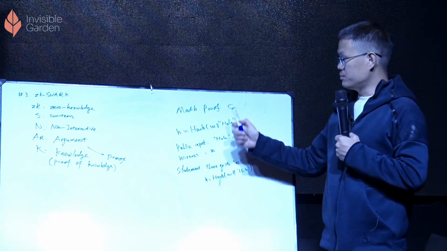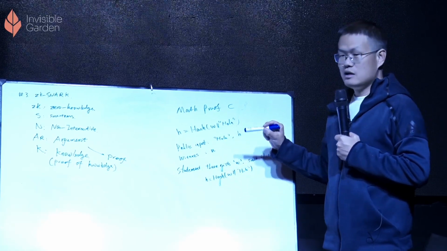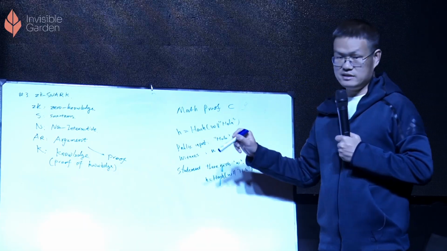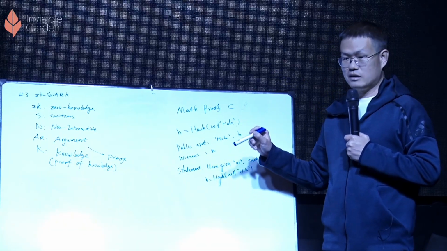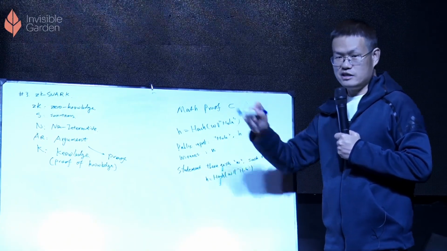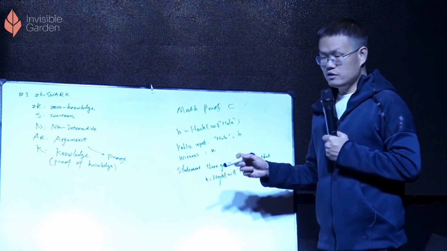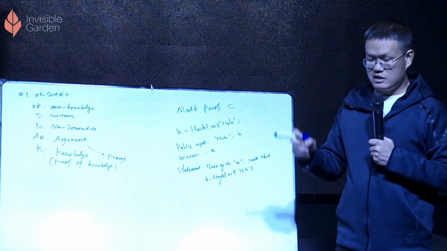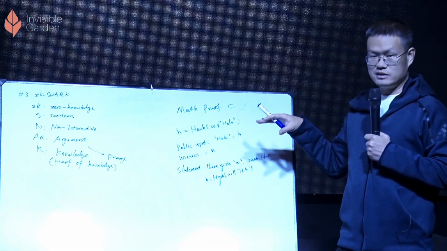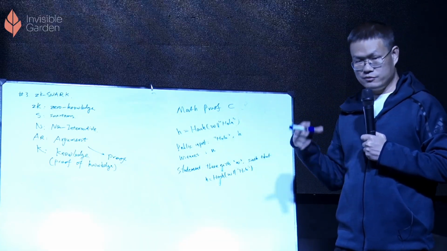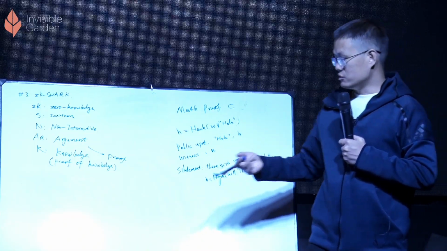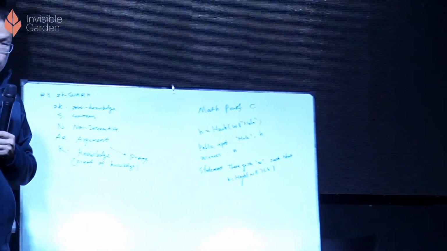It means that the prover proves he owns the witness, the private data, that the prover has knowledge instead of others. So the prover does not only prove the truth of the statement, but also proves that the prover has the knowledge. So the K means the proof of knowledge.